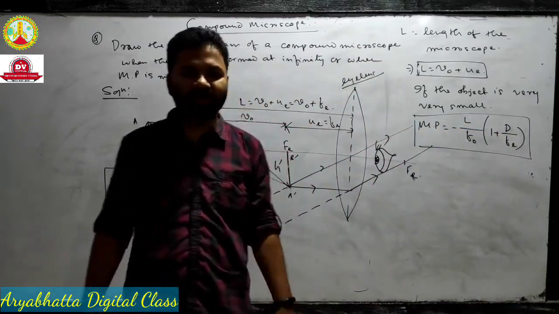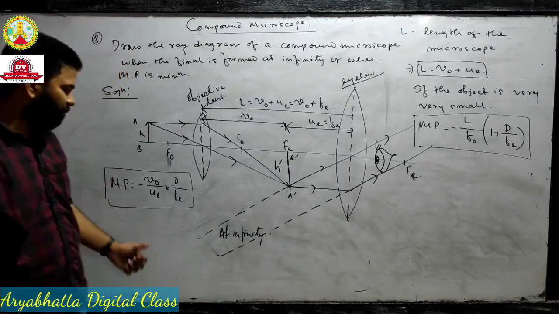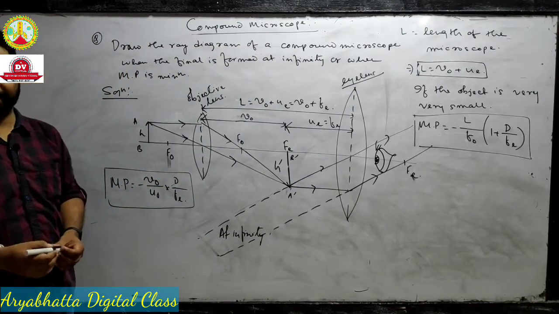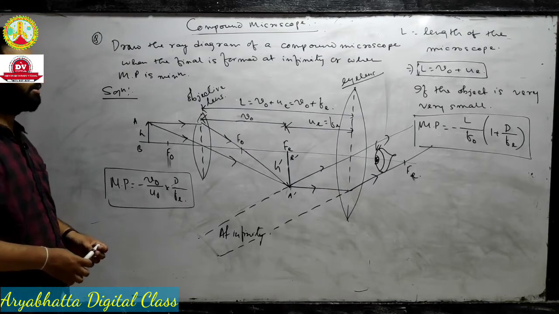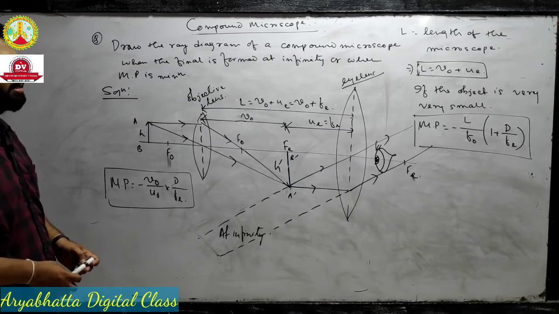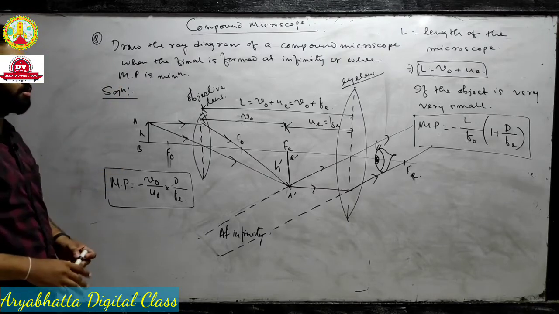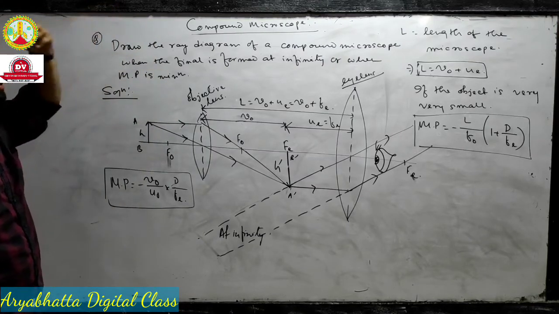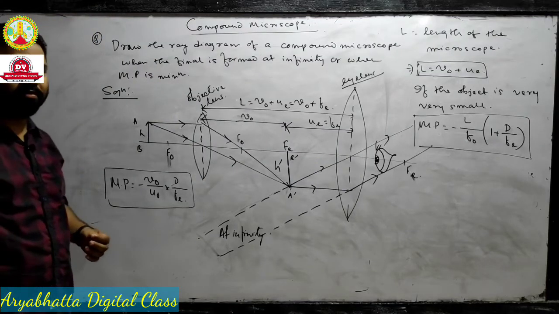And if the magnifying power is maximum, the formula is minus V naught by U naught within bracket 1 plus D by FE. In your exam, you will get numericals from the compound microscope. Sometimes this type of derivation will be there, otherwise numericals will be there.